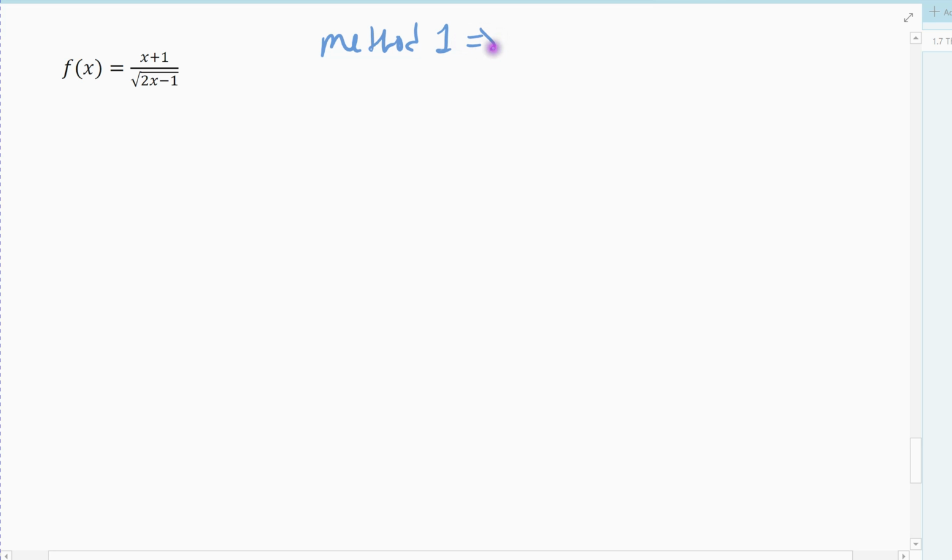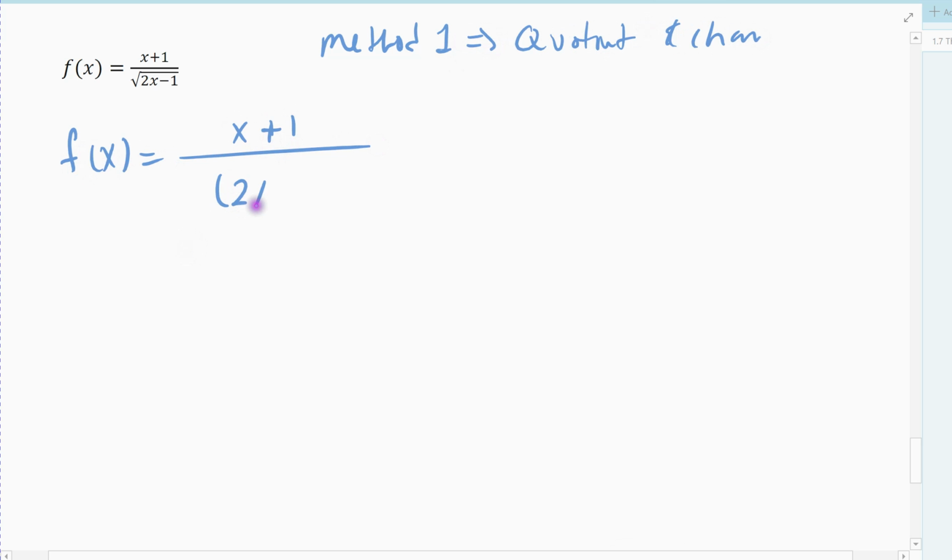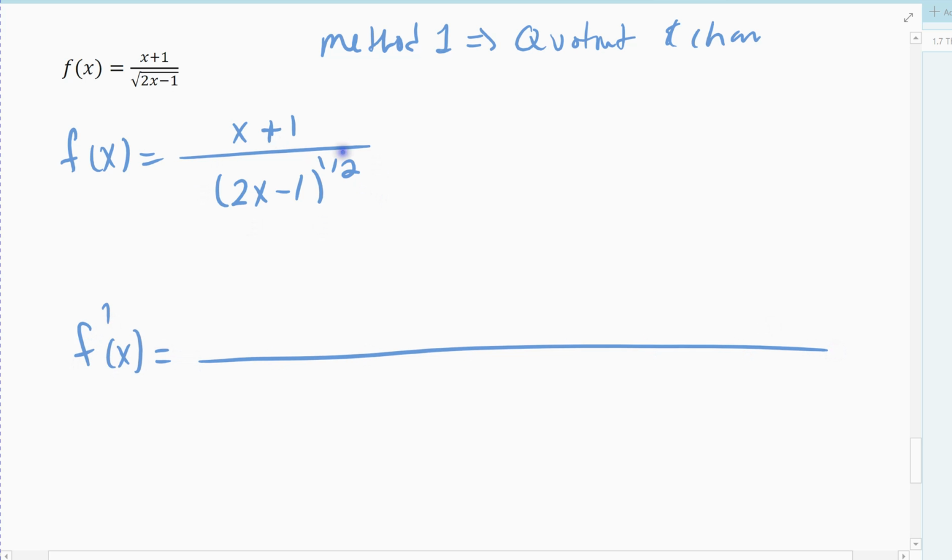So my method one, I'm going to use the quotient and the chain. Alright, because when I rewrite this, I've got the division of the x plus 1 and the 2x minus 1 to the power 1/2 because the square root's written as 1/2. Alright, so the quotient rule, the chain rule on my bottom function.